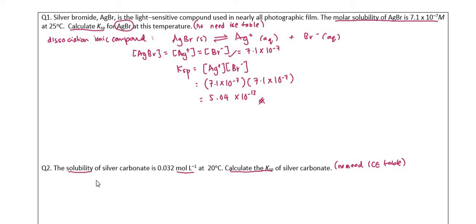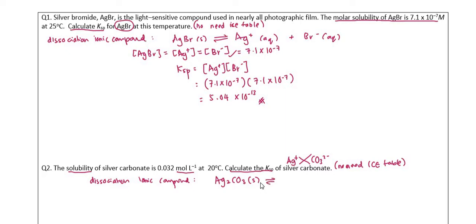First of all, you have to write the dissociation of your ionic compound, which is silver carbonate. If you are not sure of the molecular formula, you write the species independently first, and then you cross the charges and you get the molecular formula.